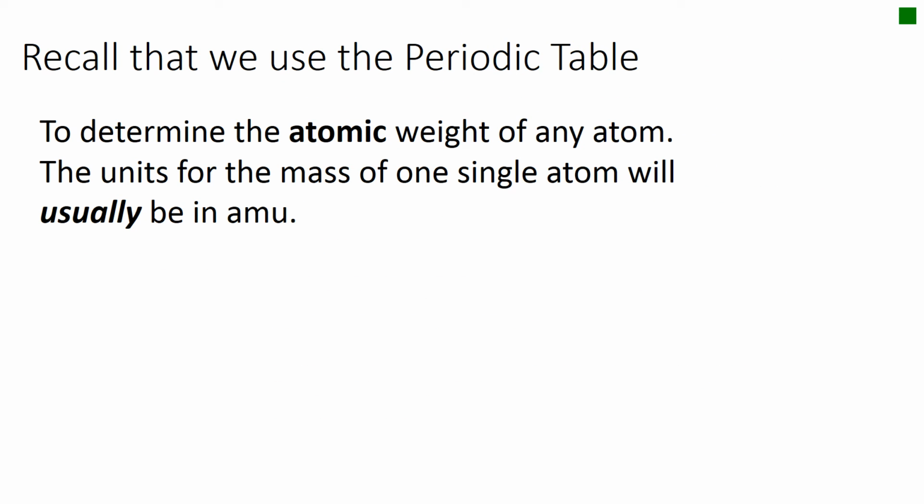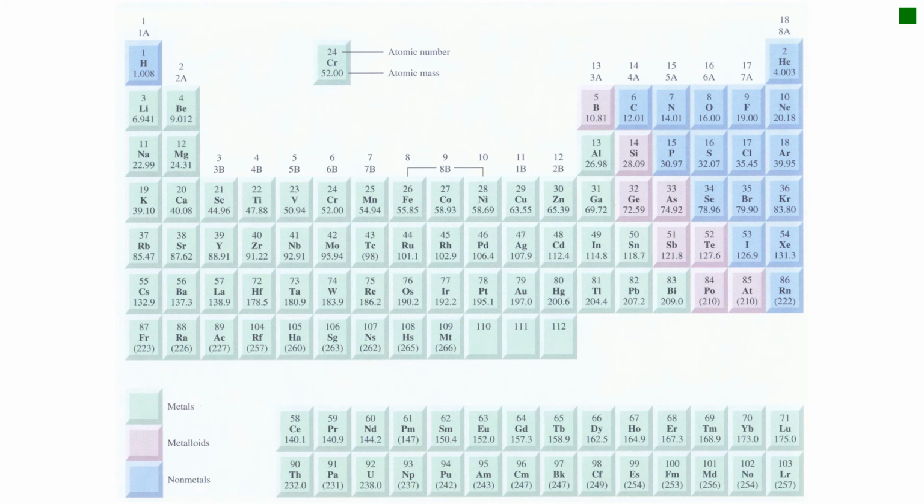So, we're going to use a periodic table here. Remember, we looked at the periodic table, and the atomic weight of each individual atom is on that periodic table, and those units are in AMU. So we look at the periodic table here, we can see that the atomic weight or atomic mass of lithium in AMUs is 6.941.